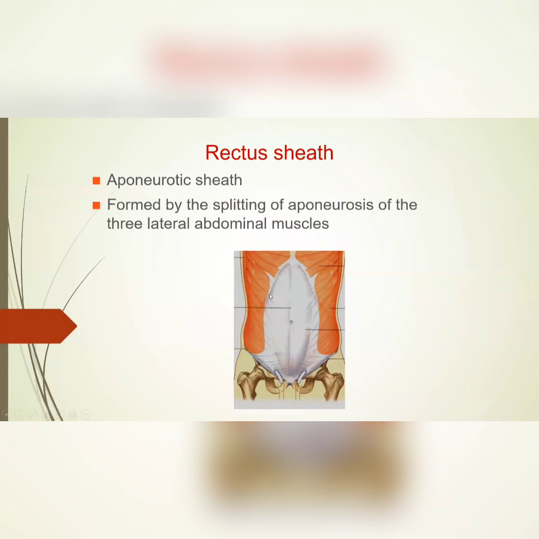It is formed by the splitting of the aponeurosis of the 3 lateral muscles of the abdomen. In this diagram, you can see the external oblique muscle and its aponeurosis towards the midline, which will enclose the rectus abdominis. So let's see the details of how the rectus sheath is formed.